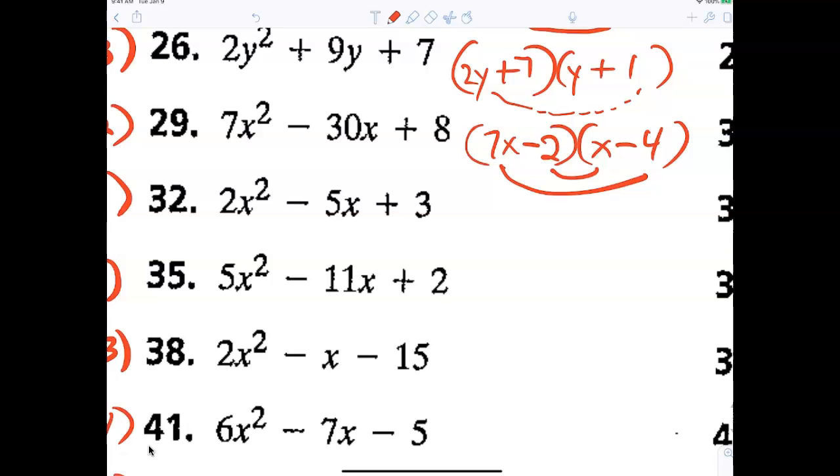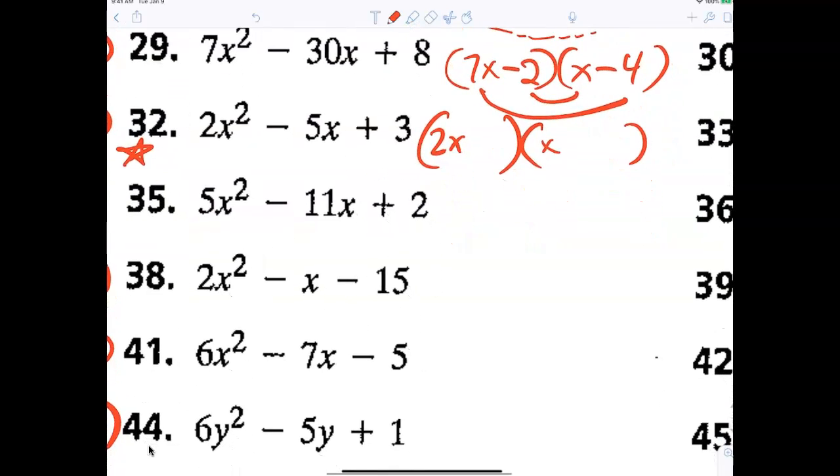All right, number 32 is the hard one because there's 2 ways. All right, let's see if we get it right. How do I break down 2x squared? 2x and x. Okay, now 3. Where does the 3 go? Now look, I'm going to put it in the wrong spot just to make sure I'm showing you.